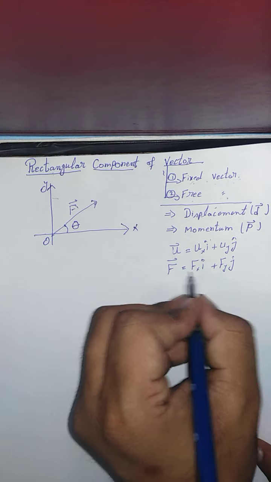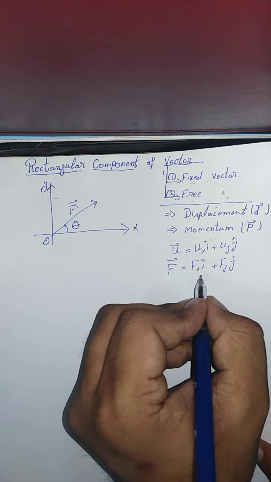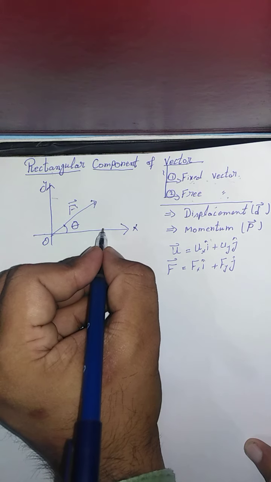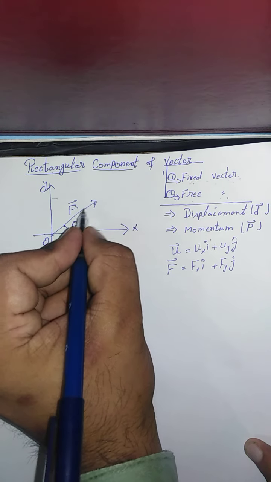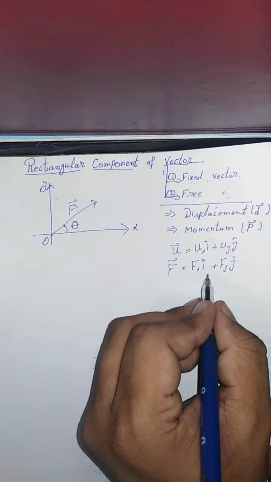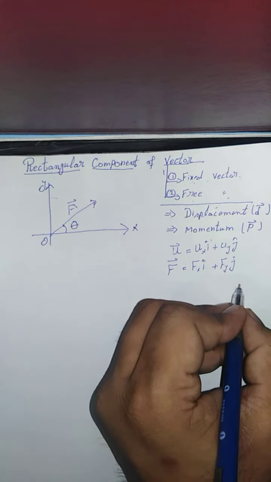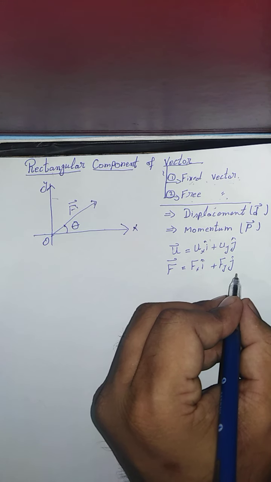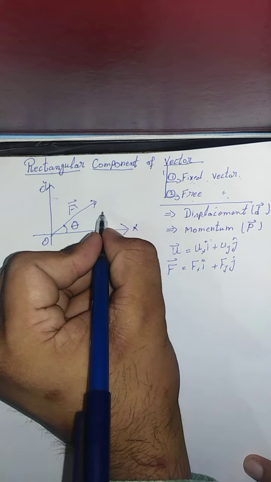It means that Fx is the component along the x-axis and Fy is the component along the y-axis, because Fx is the coefficient of i unit vector which is on the x-axis and Fy is the coefficient of j which is along the y-axis.